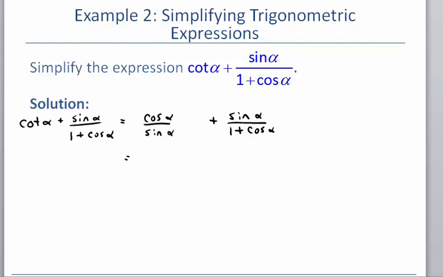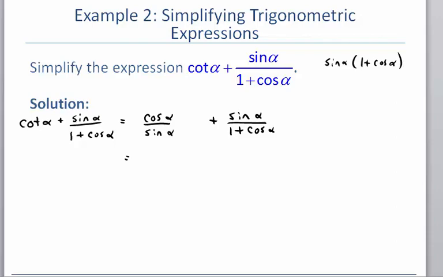Now remember our technique. If we're trying to combine fractions, we need a common denominator. The common denominator is most likely the product of your current denominators. So our new common denominator that we're shooting for is sine alpha times 1 plus cosine alpha.